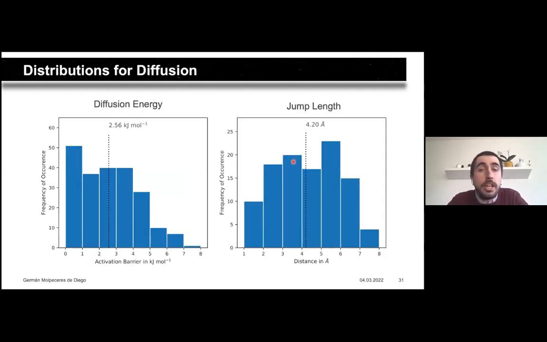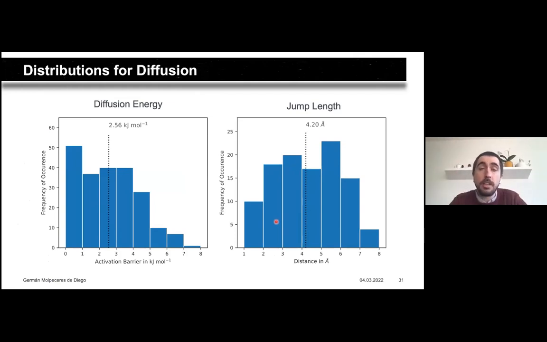But we can also focus on extracting numerical quantities, not only qualitative conclusions on the diffusion. And for that, what we can obtain is the diffusion energy, of great help for astronomers in order to model the evolution of particles on a surface. But also, what is the average length of a diffusion event?